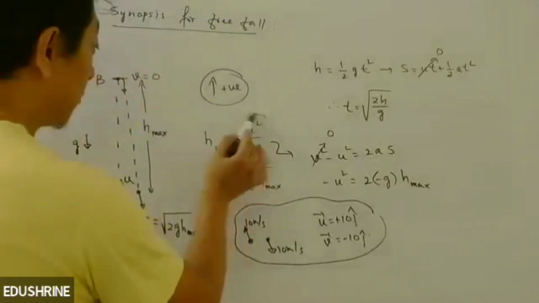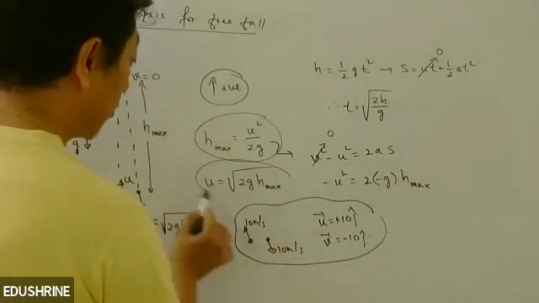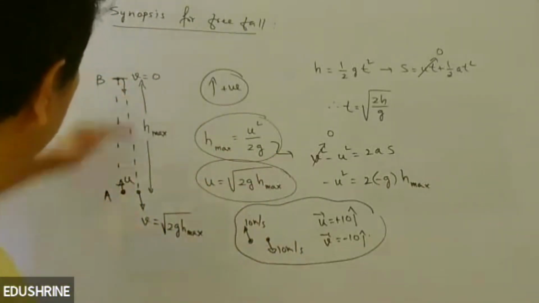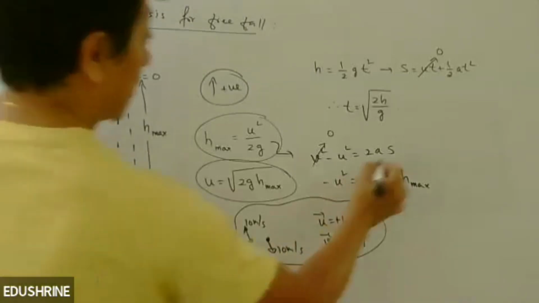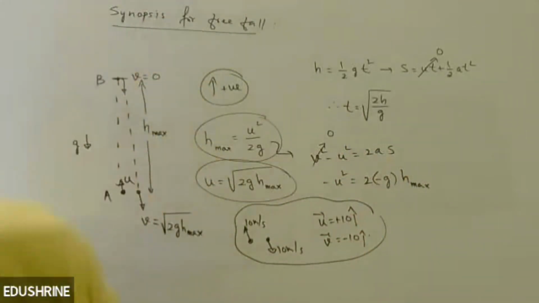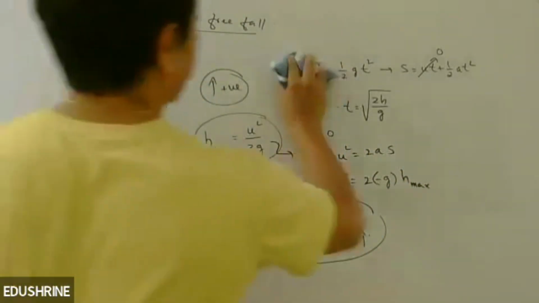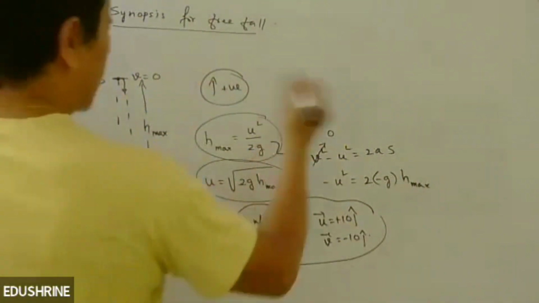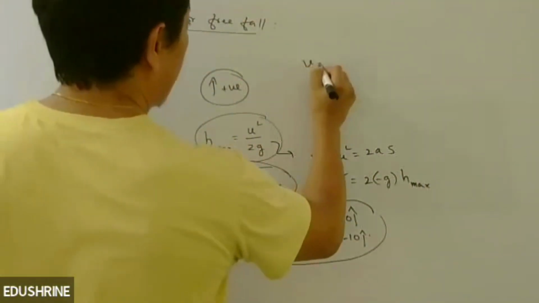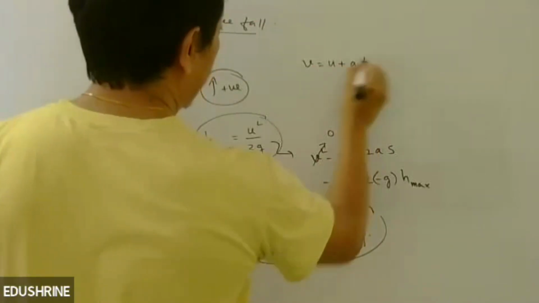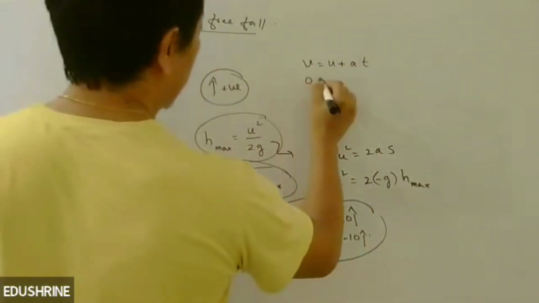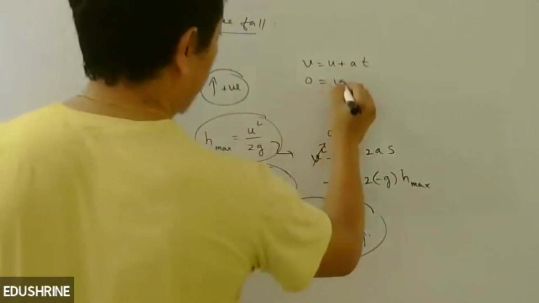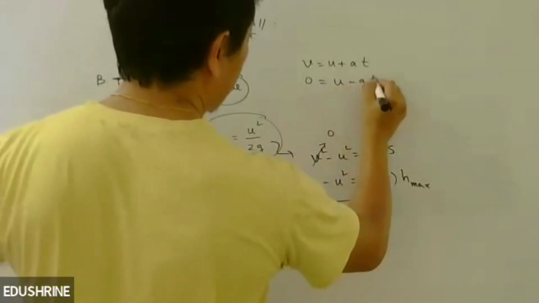So here, this formula and this formula you need to remember. How much time does it take to go up, if they ask? Time taken to go up will be quite simple. You can use v equals u plus at. Final velocity here is 0, u is positive, a is minus.